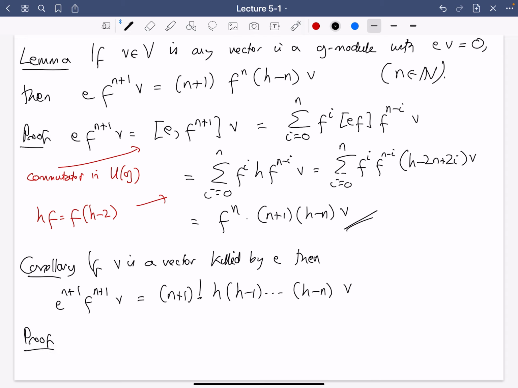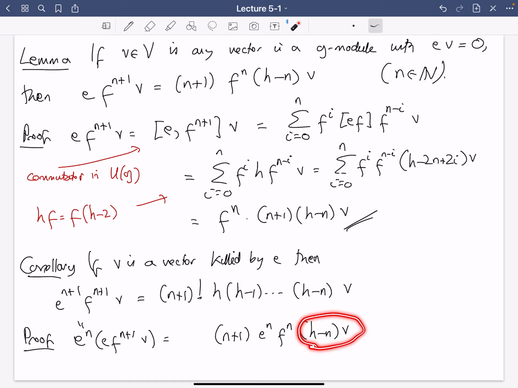The one-line proof: you just calculate it. It's e to the n, e f to the n plus 1 v, and then you use the lemma. That's e to the n, with f to the n h minus n v, and then this is just a new vector which is killed by E, and you induct on n to get the corollary.